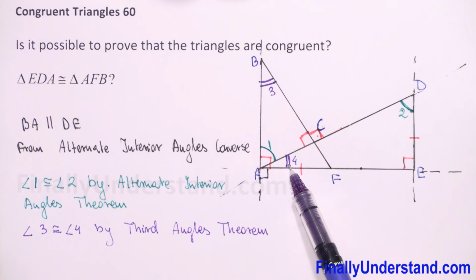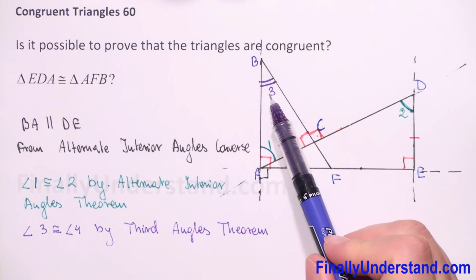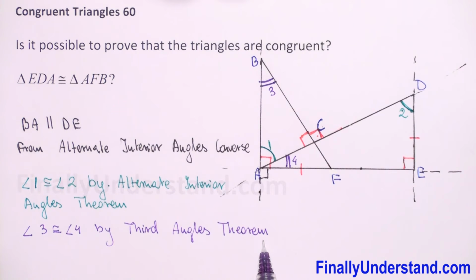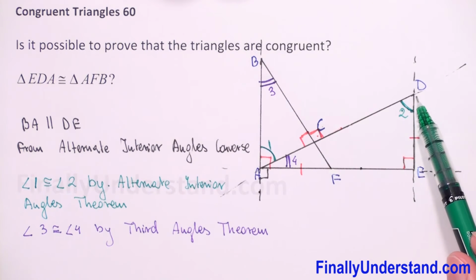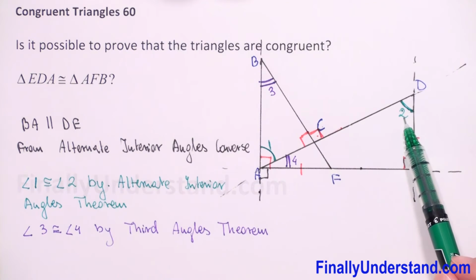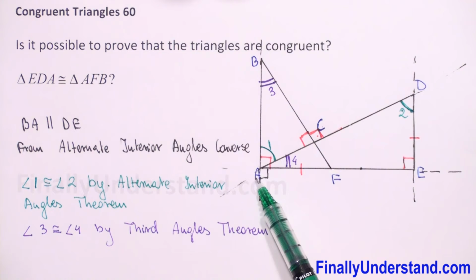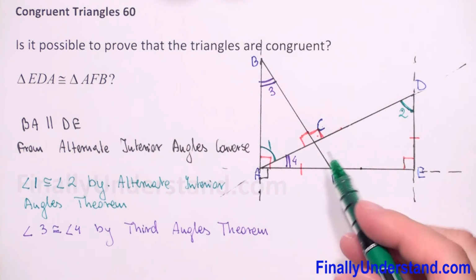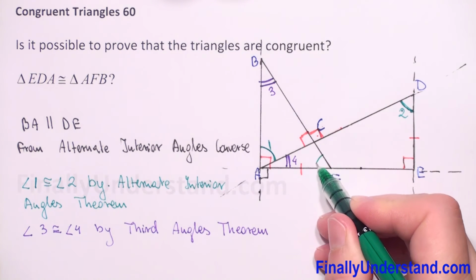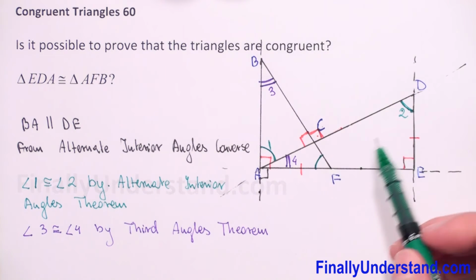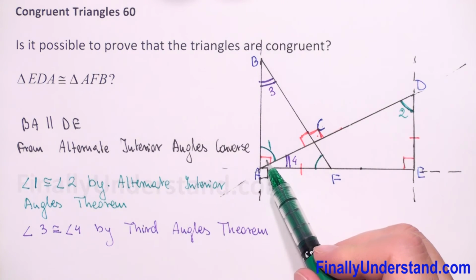So angle 4 is congruent to angle 3 by third angles theorem. So now, again, by third angles theorem, we have that angle EDA, angle 2, which I mark that this is angle 2, is congruent to angle AFB, to this angle. This angle is congruent to angle 2 and to angle 1.